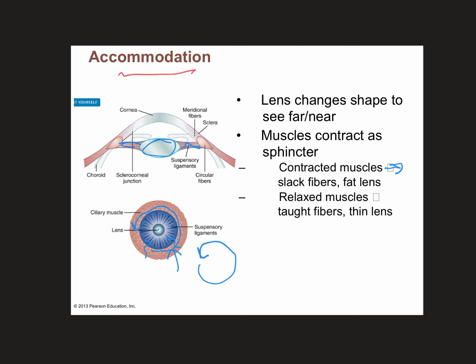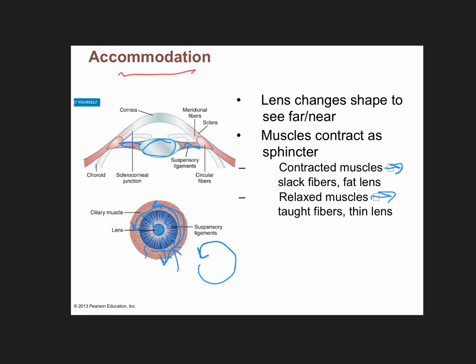If we contract these muscles in a circle, it's going to loosen these up and allow the lens to relax. Whereas at rest, the force is pulling this taut. So relaxed muscles, you get a taut, tight, thin lens, but contracted muscles give you a fat lens, which you need to see up close.